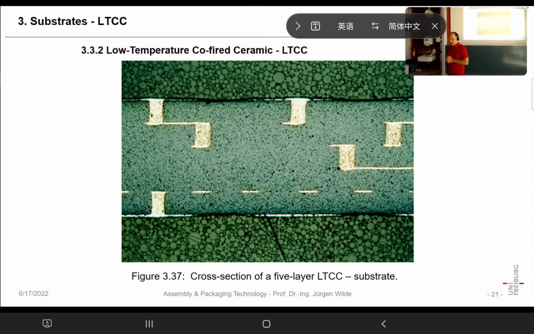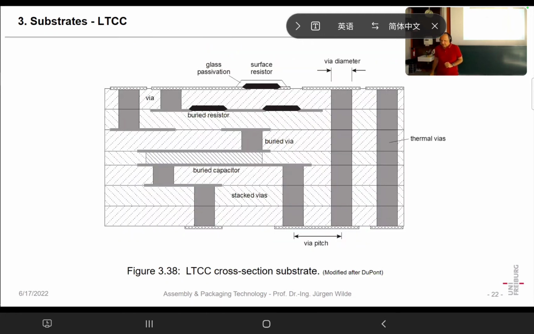And that means the energy effort is much lower, and also the time of production is much lower. But we have to have a certain process. Here, that's the scheme again that is modified after some company information by DuPont company. We can see the individual layers.